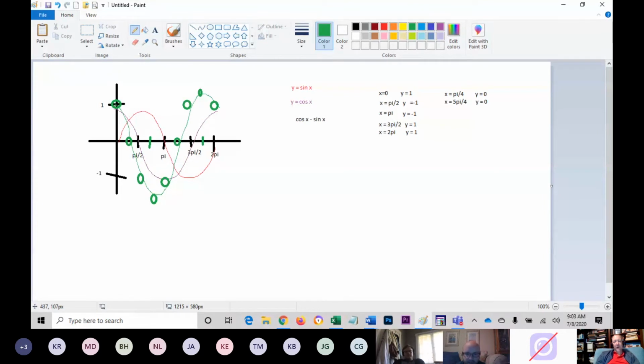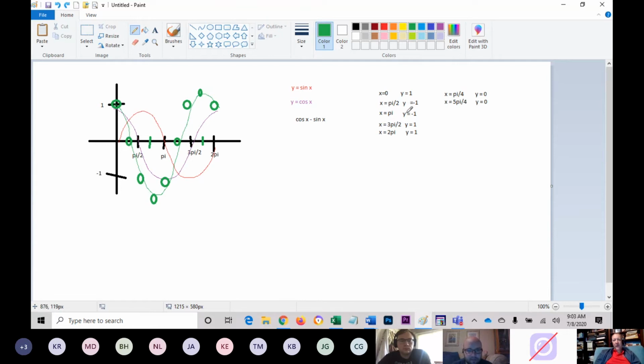Like, how'd you get -1 out of that? Are you talking about this one here? No, that one too. I had a question about what you are doing to get those y coordinates.